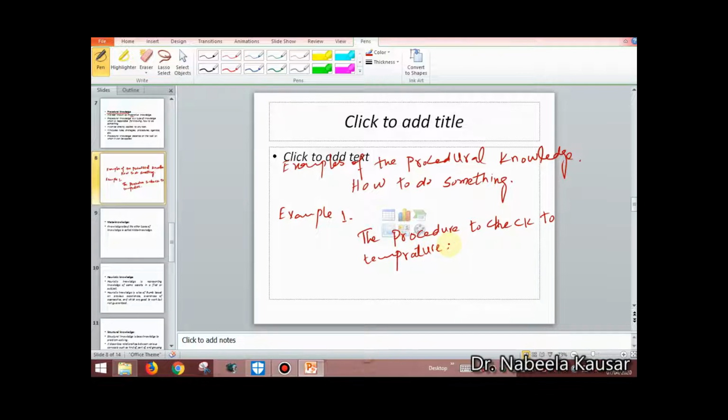For example, the thermometer is placed at the forehead to check the temperature. So it is the detailed procedure of how to check the temperature, or how to check the type of fever, whether it is malaria, typhoid, or some other type of fever.